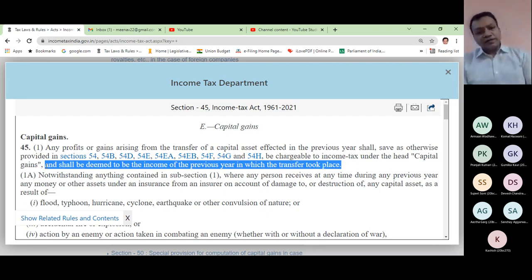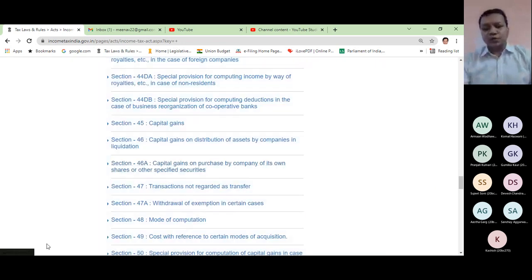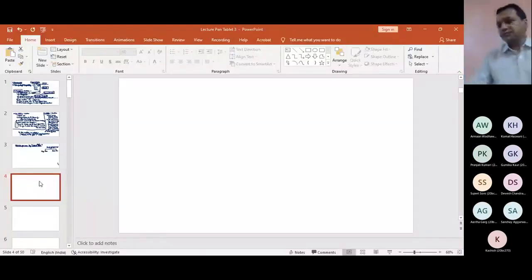First of all, it has to be taxable under capital gain, but in which year it has to be taxed under capital gain? In the year in which you transfer the asset. Let me simplify this section for you now. So let me share with you my screen and let me simplify it for you. Now see this.